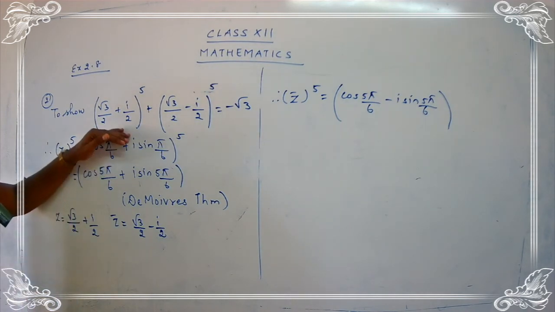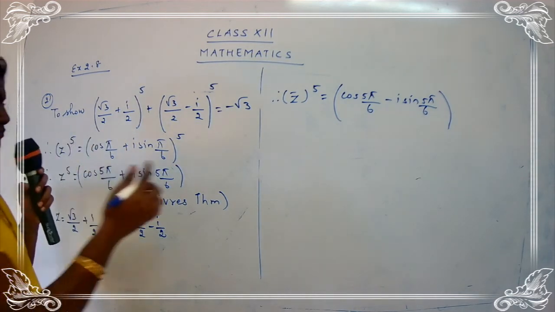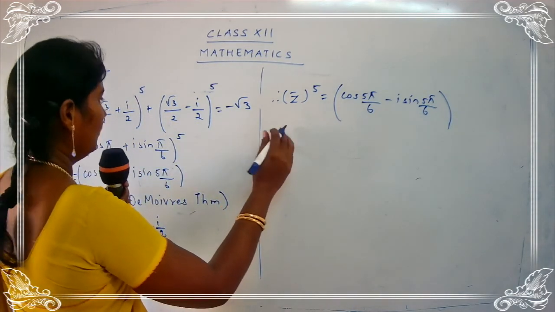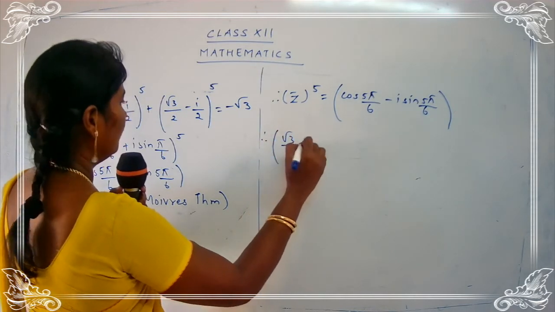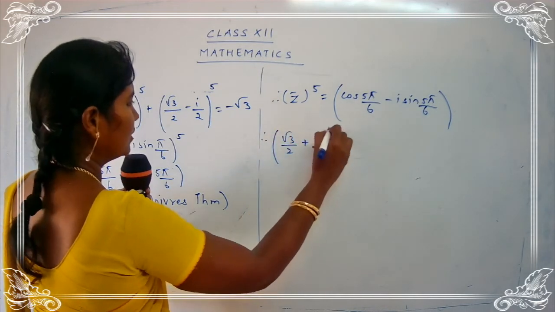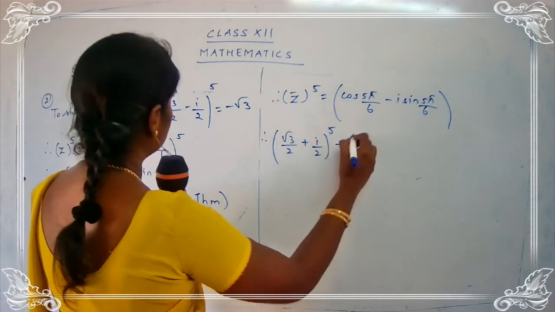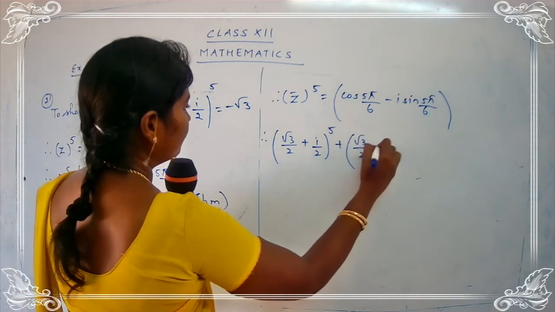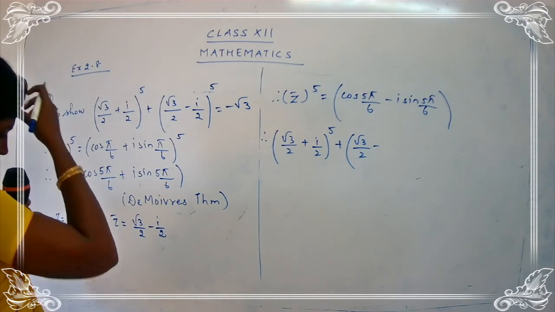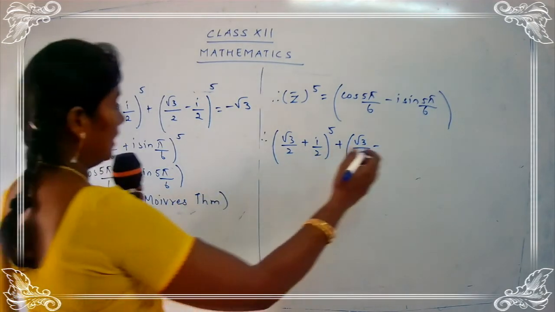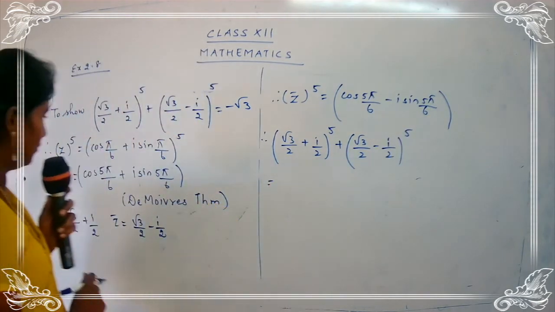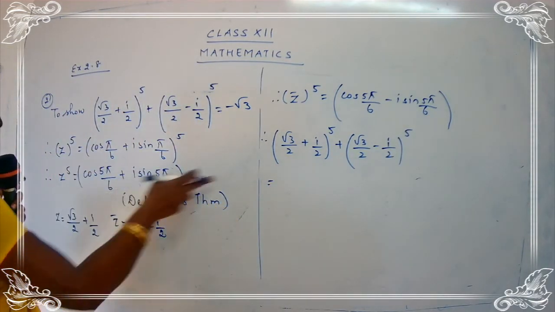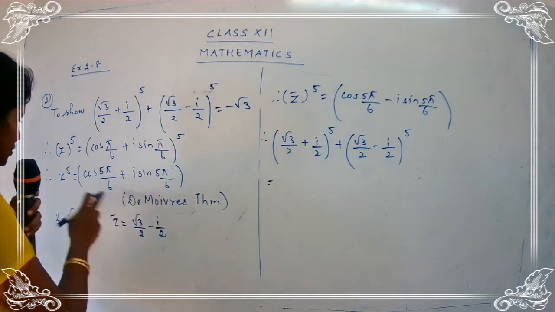So now we are going to substitute the answer over here. Therefore, (root 3 by 2 plus i by 2) the whole raised to 5 plus (root 3 by 2 minus i by 2) the whole raised to 5 is equal to, so I am going to put the value over here. What is the value for (root 3 by 2 plus i by 2) the whole raised to 5?